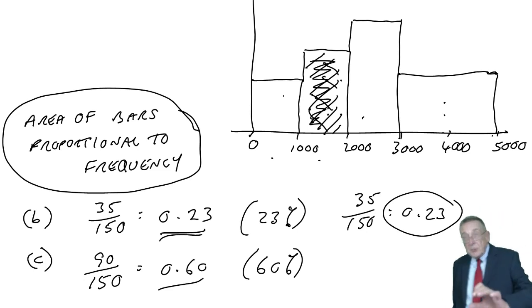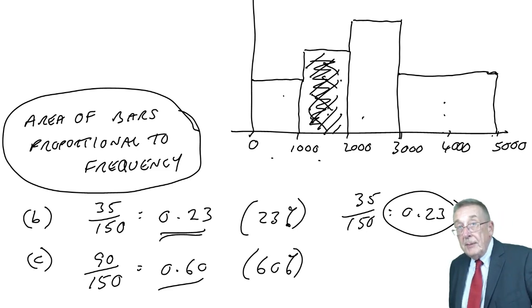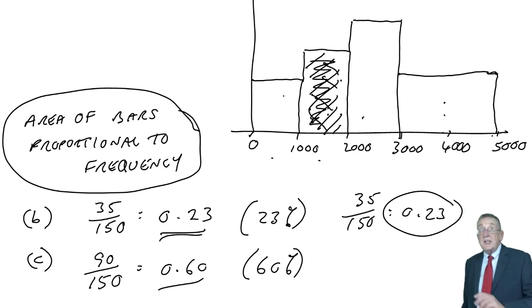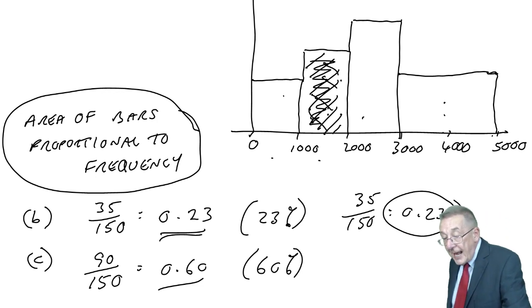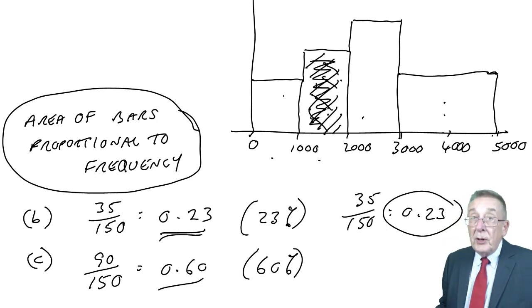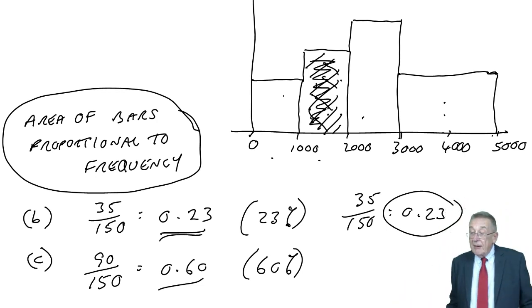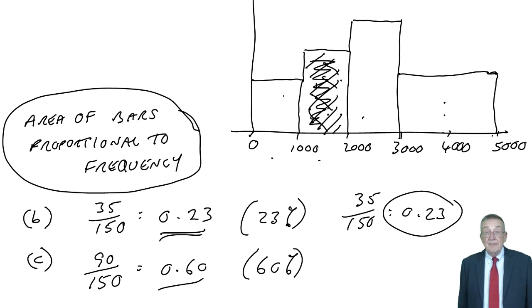The area of each bar is proportional to the number of people. The area of all the bars is proportional to the total number of people. If that area is 0.23 of the total area, then fine, 0.23 or 23% of the people earn in that range.